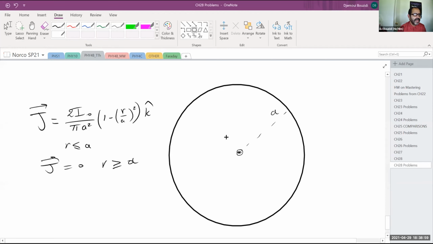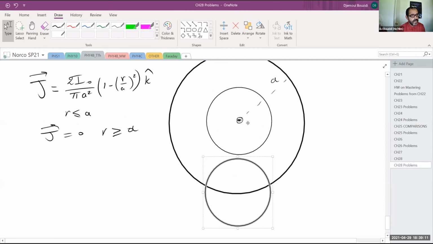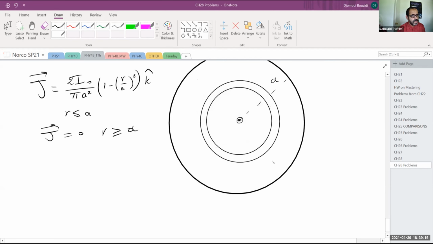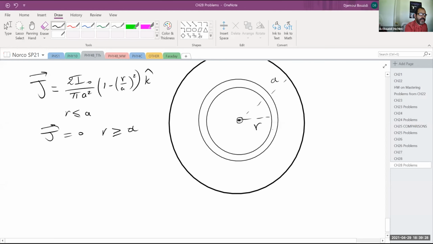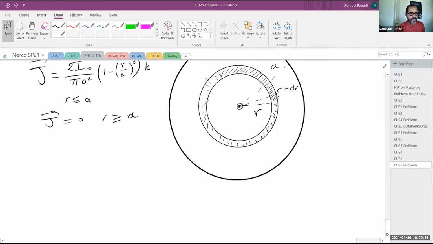I'm going to take a cut around this center, at a distance r from it and r plus dr. This segment only, this strip, is of width dr. If I take scissors and cut the strip open, this is how it looks.